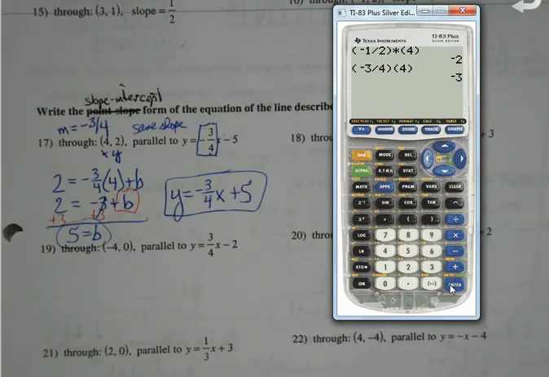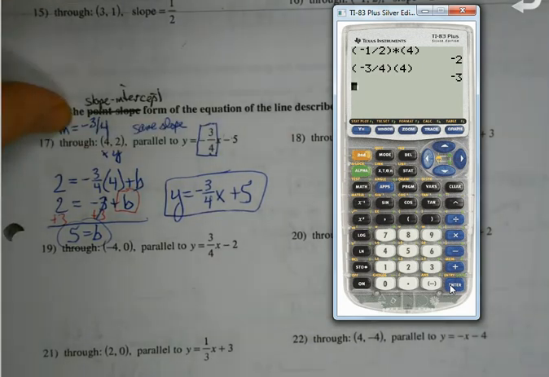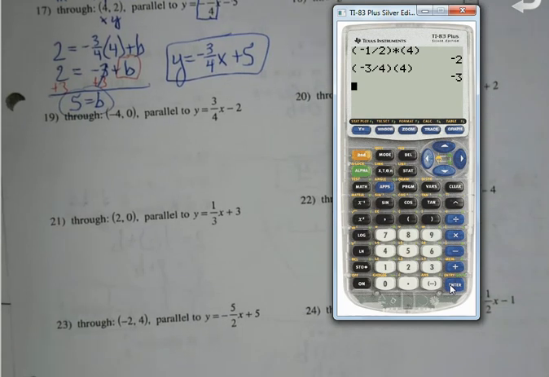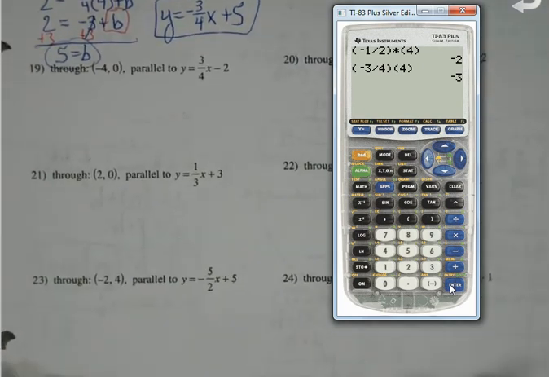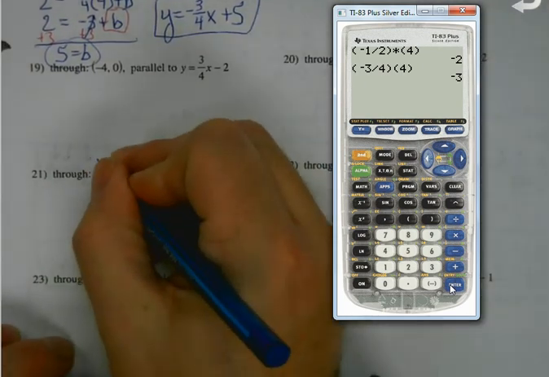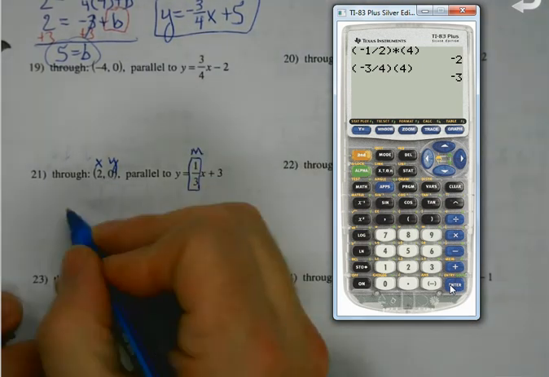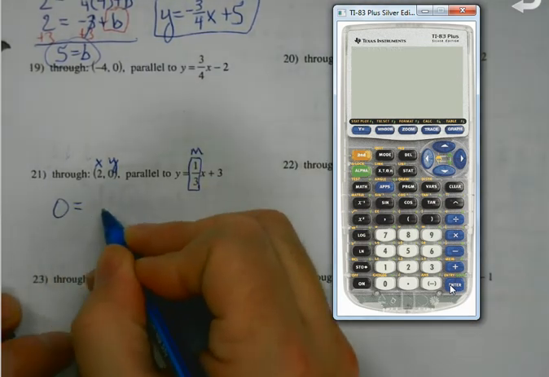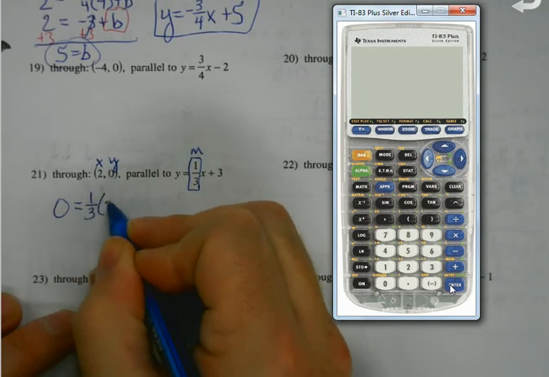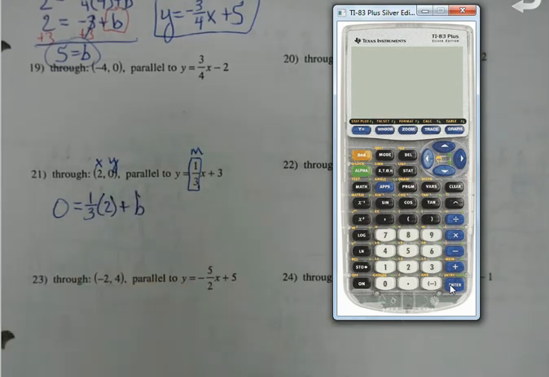All right, let's try one more of these out. Ooh, since that fraction looks kind of nasty. Ooh, I see what we want to do. Let's do 21. Okay, x and y. Here's my m. y equals mx plus b. Because one thing we have not had happen yet, we have not had a y-intercept that's a fraction.